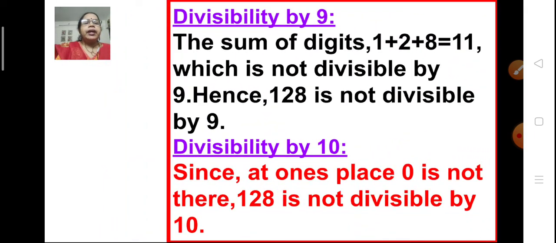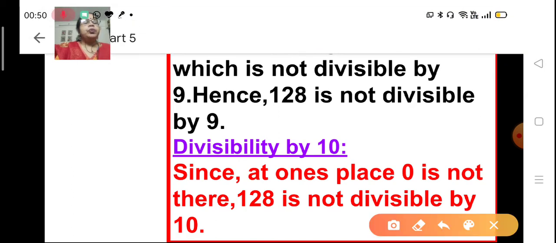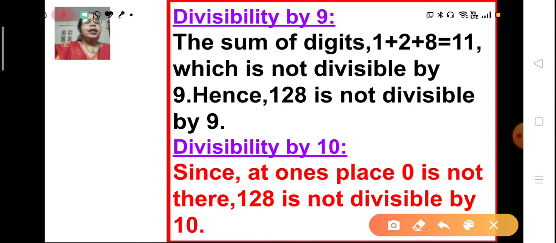Now, divisibility by 9. What is the rule? If the sum of the digits is divisible by 9, then the number is also divisible by 9. So, what is the sum of the digits? 1 plus 2 plus 8 is 11, isn't it? And we know 11 is not divisible by 9.